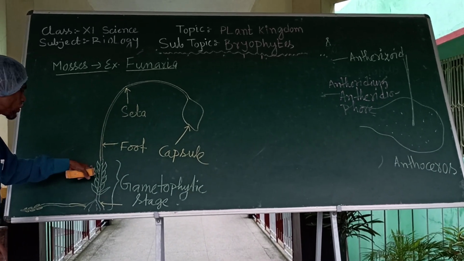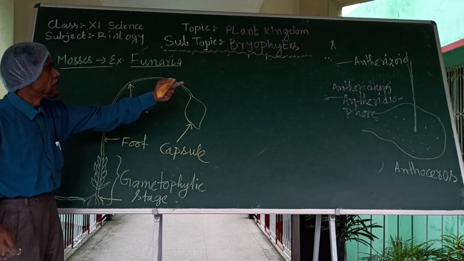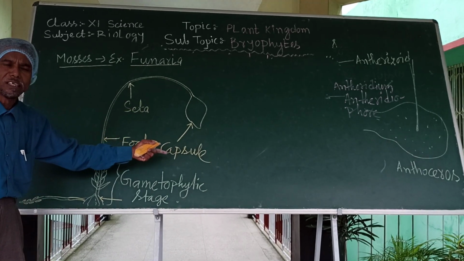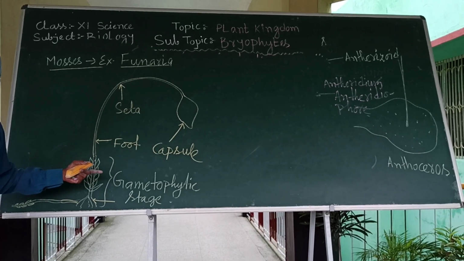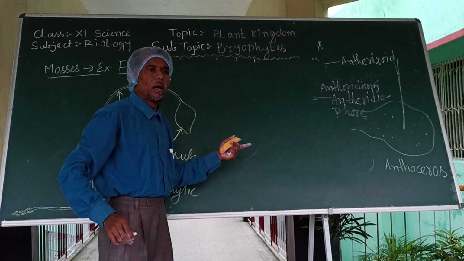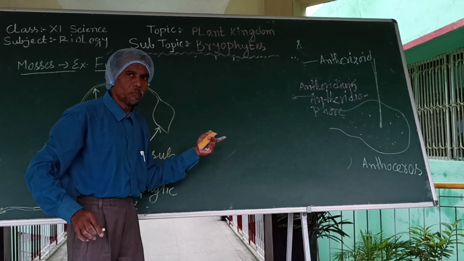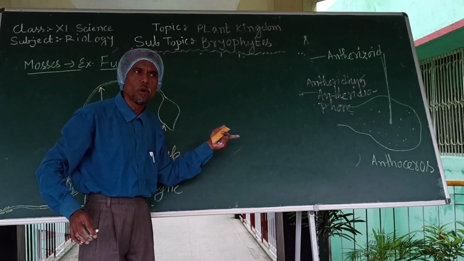During sexual reproduction, just like the example we have given for Marchantia, the female structure, archegonium, grows over the archegoniophore.